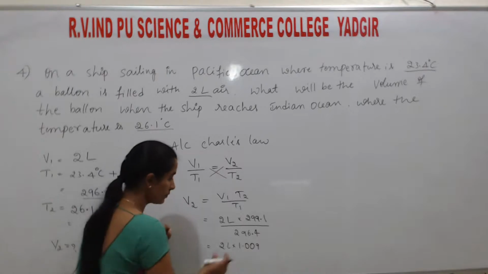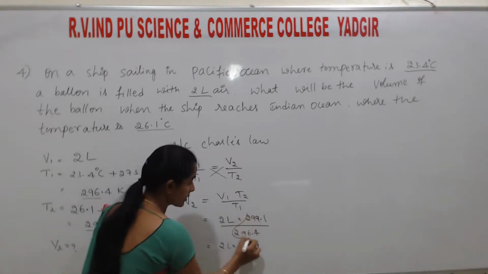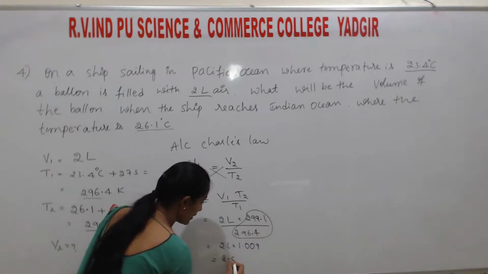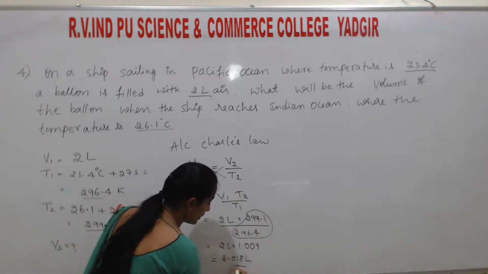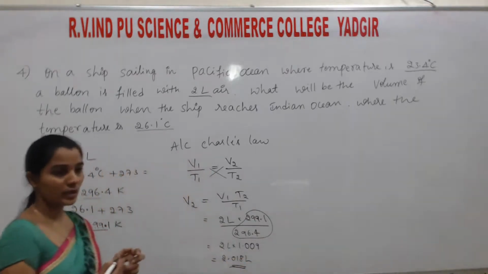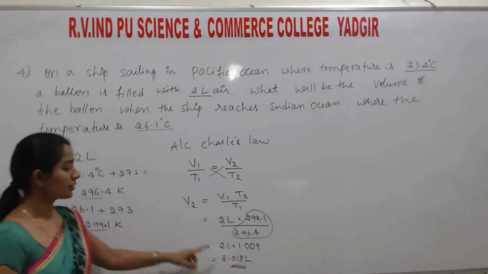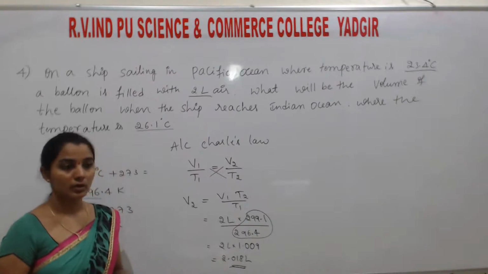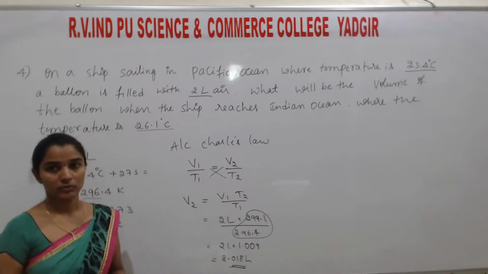Okay? This one is only this much I wrote. So if you multiply this, you get 2.018 liter. Understand? Here it is 2 liter, it is 2.018 liter. That means obviously volume is more. Understand?